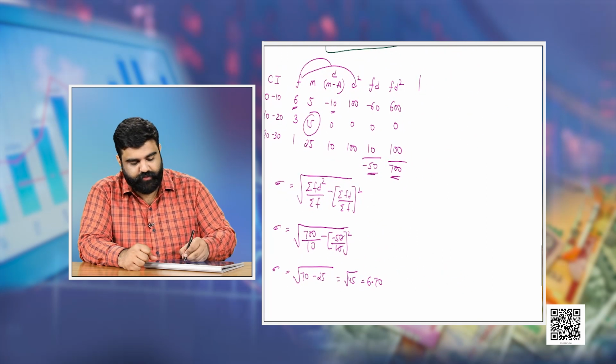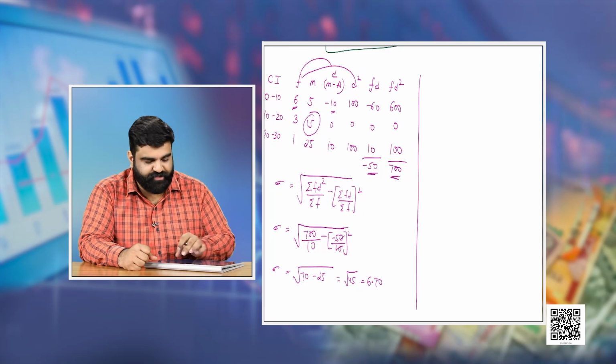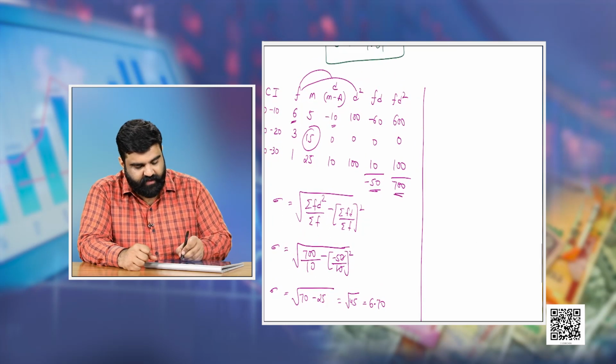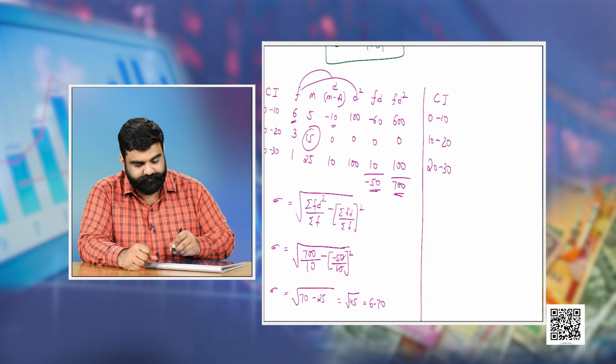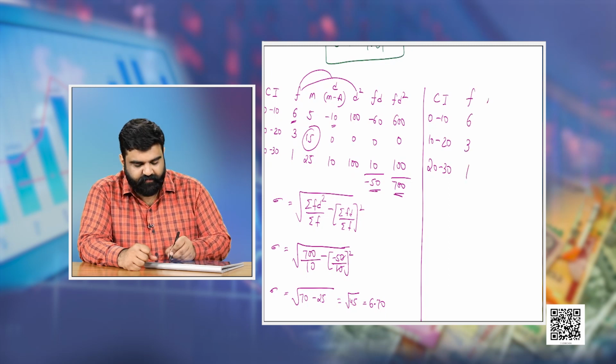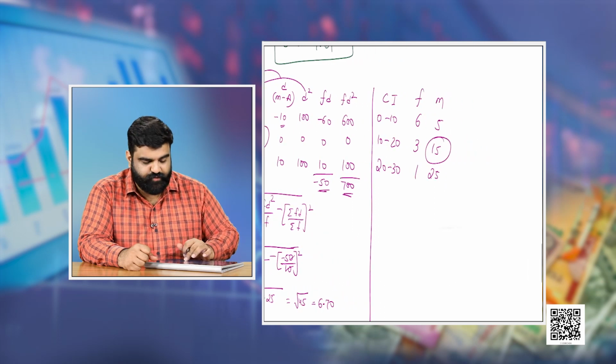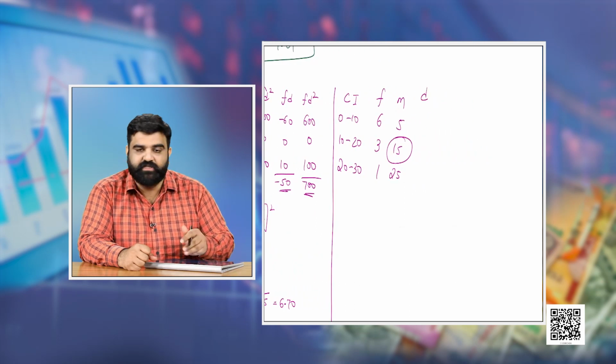Let us also do this question by step deviation method. So I have the class intervals as 0 to 10, 10 to 20 and 20 to 30. The frequencies as 6, 3 and 1. I have the mid values as 5, 15 and 25. Let me assume 15 as the assumed mean again and find out deviations from assumed mean.